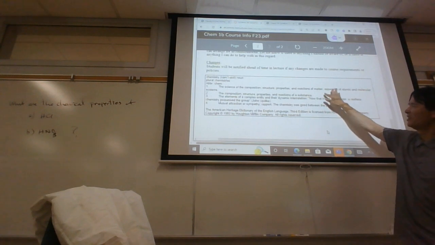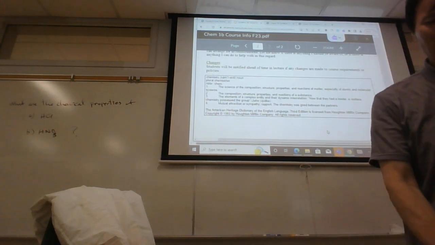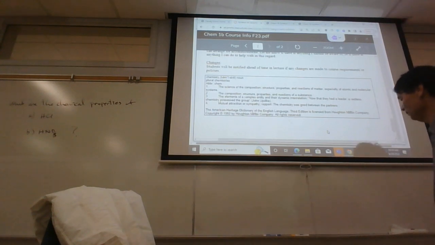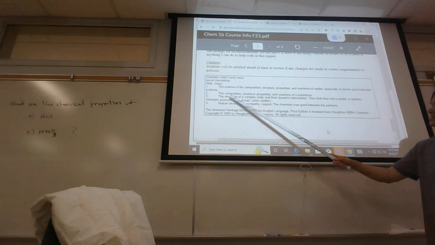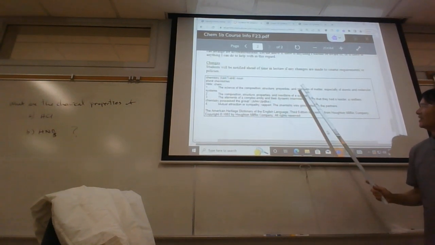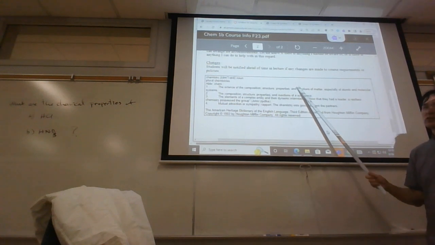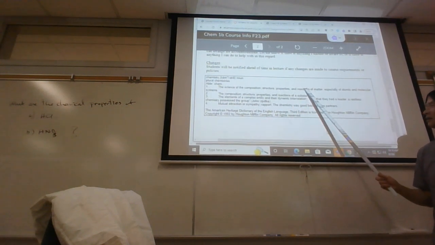So this wasn't really written by a chemist, because I think a chemist would have defined it a little differently. They probably would have just said, the science of the composition, structure, and properties, because reactions are just another set of properties, and so it's not really necessary to highlight that.